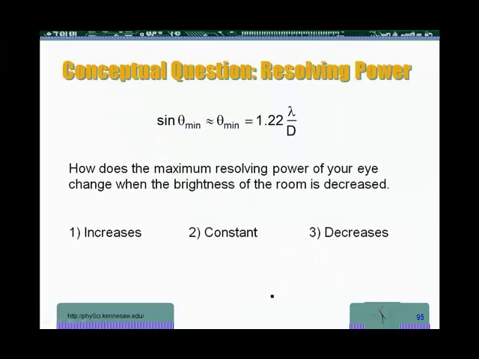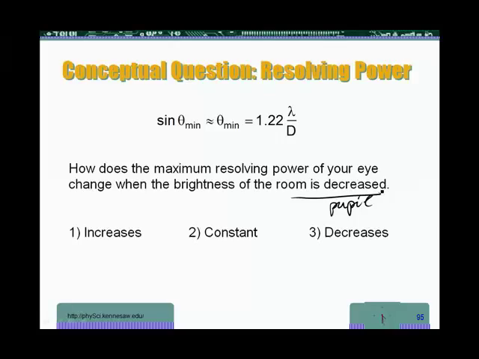Now this is another question. How does the maximum resolving power of your eye change when the brightness of the room is decreased? When the brightness decreased, what happens? Your iris is going to open up, making your pupil larger.